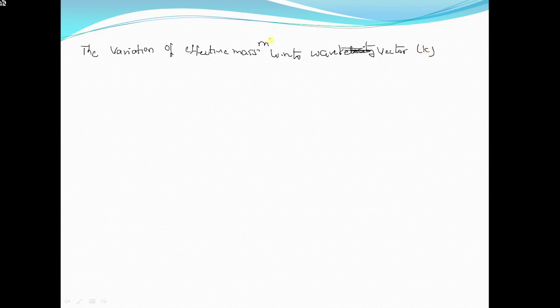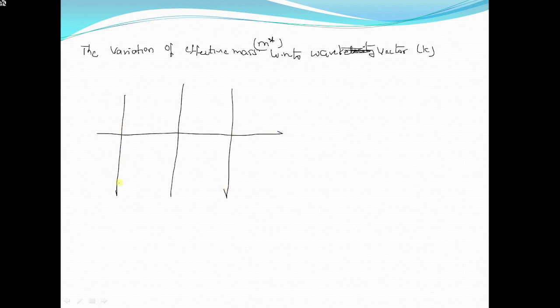Now see here, this is m star, effective mass, and this is wave vector k. The zone extended from minus pi by a to pi by a is called the first Brillouin zone. So the variation of effective mass with respect to k is shown in the figure.